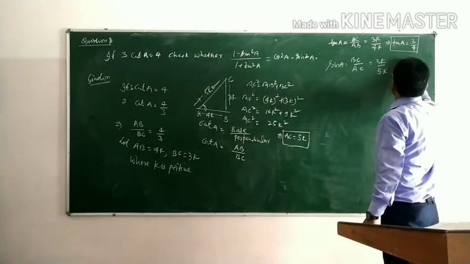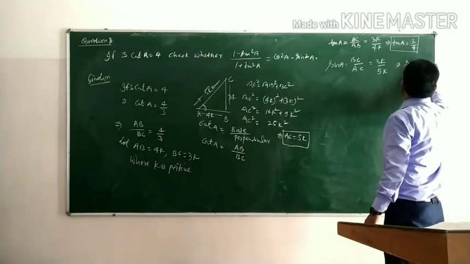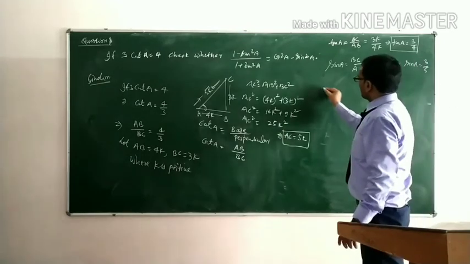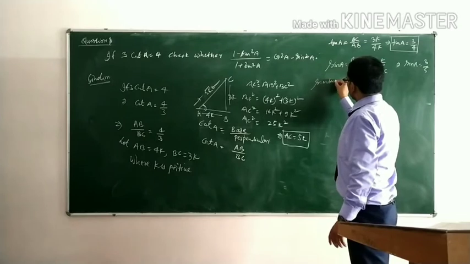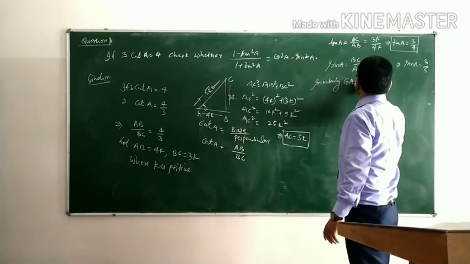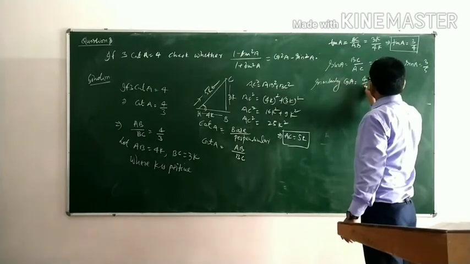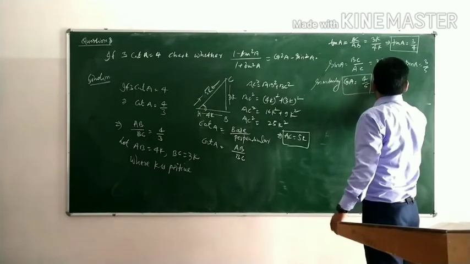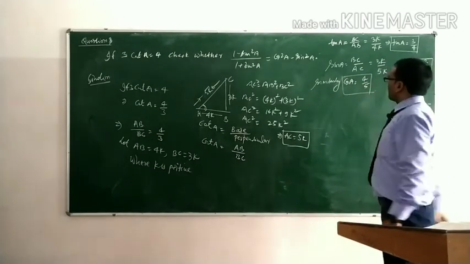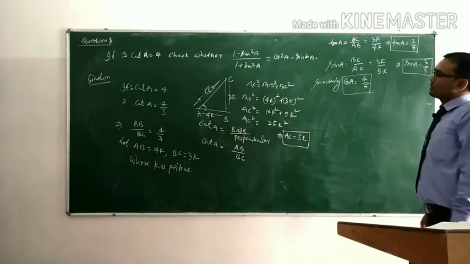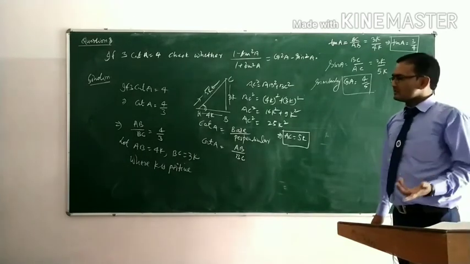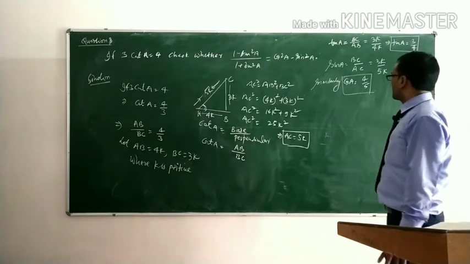This gives sin A equals 3 by 5. Similarly, cos A equals 4 by 5, cos A equals AB upon AC. Okay, students?